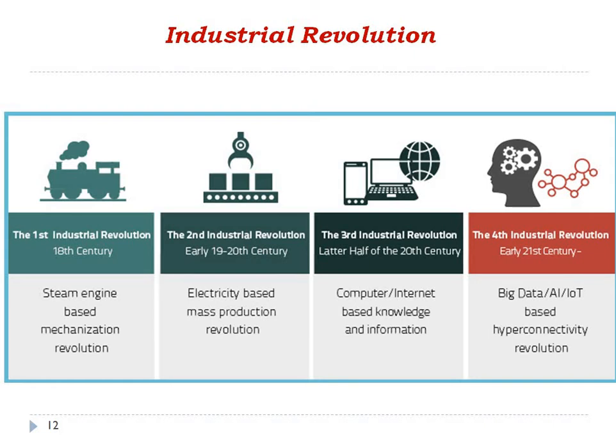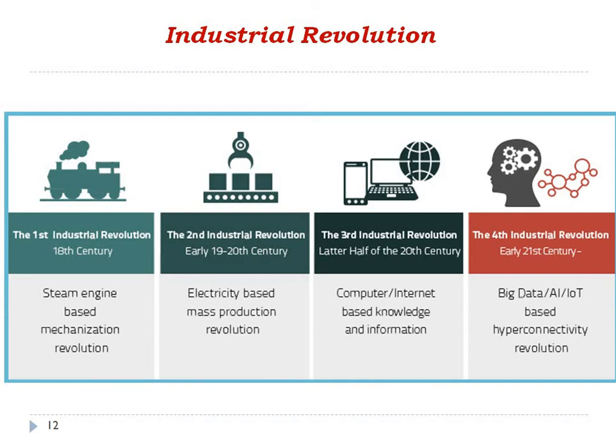This is another picture of the four industrial revolutions. Once again, the first industrial revolution brought in steam engines, mechanization, etc. The second industrial revolution was mainly based on electricity, and mass production happened during this time.